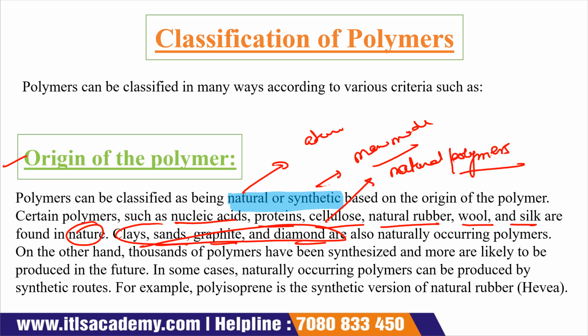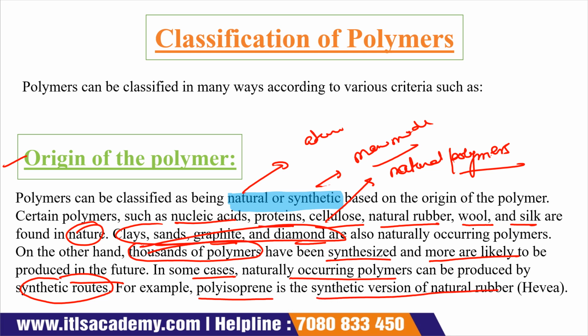Now, on the other hand, there are thousands of polymers which are synthesized, and more are likely to be produced in the future. In some cases, naturally occurring polymers can be produced by synthetic routes. For example, polyisoprene is the synthetic version of natural rubber.